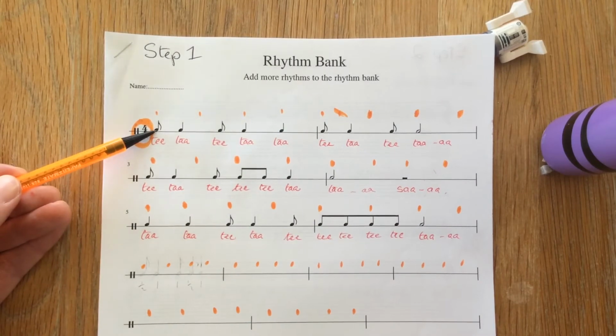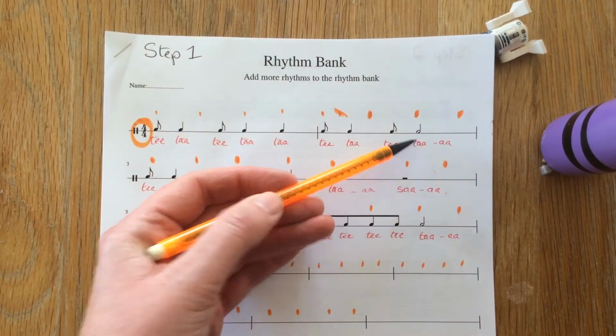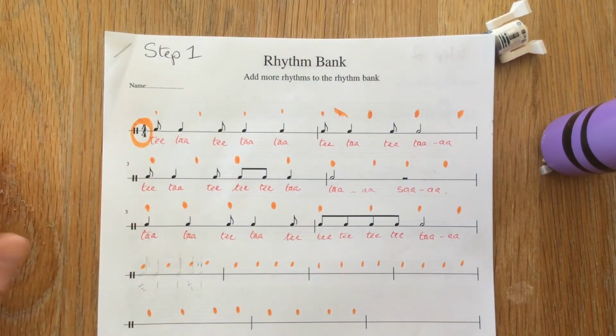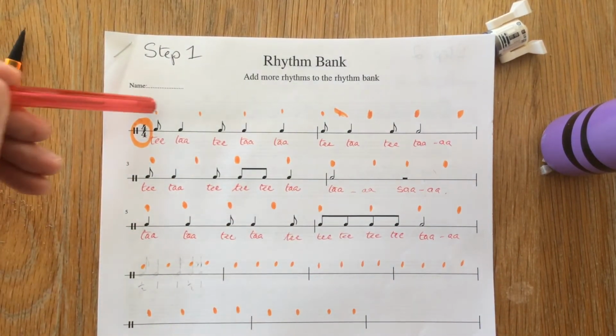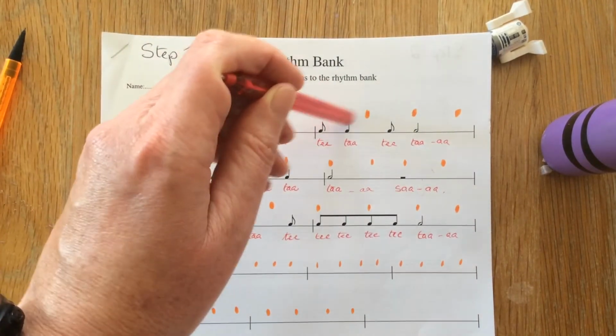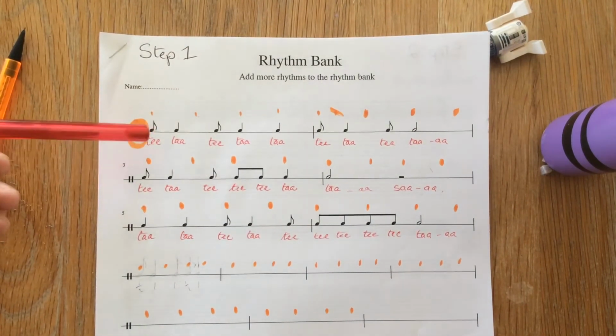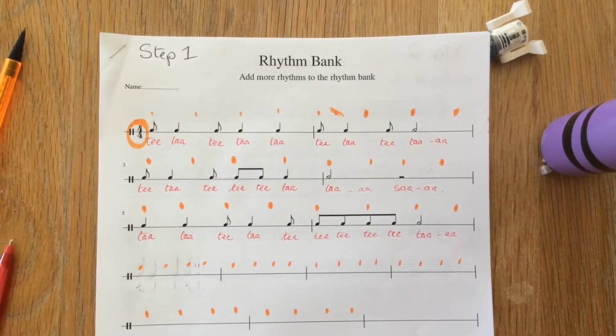I have a quaver, ti, a crotchet is ta, and the minim here is ta-ah. So it goes as follows, and I'll tap it out here. Ti-ta, ti-ta, ta, ti-ta, ti-ta, ah. Okay, it definitely sounds a little bit funny, but we now have the rhythm. If you say the ti-ta in your head and clap it, you'll hear that you have a really cool rhythm.